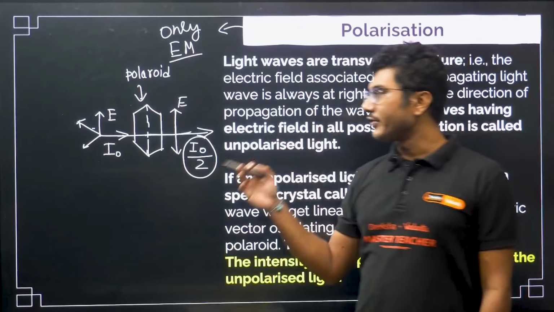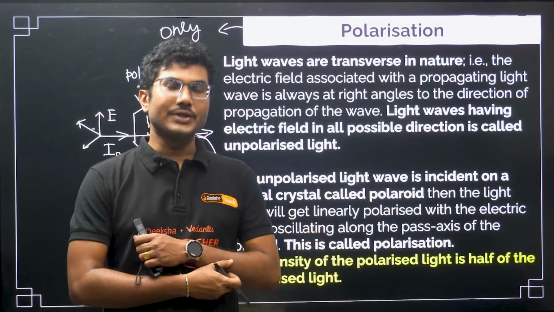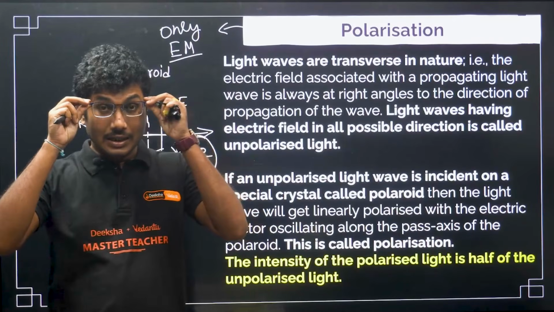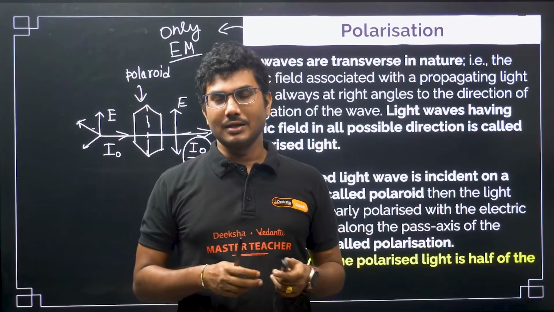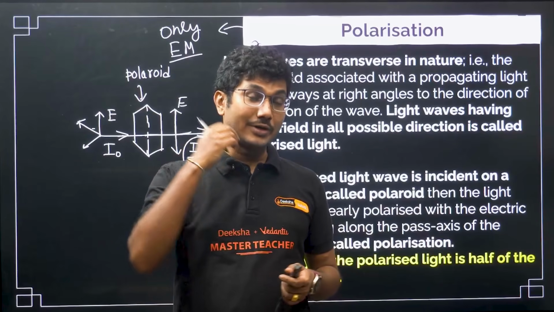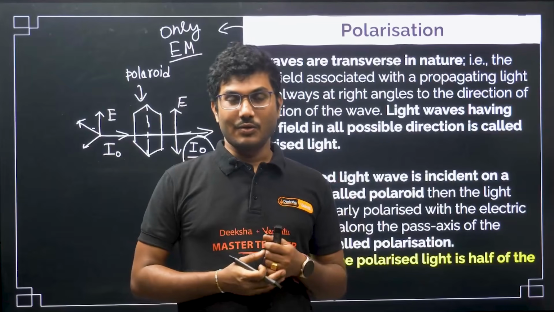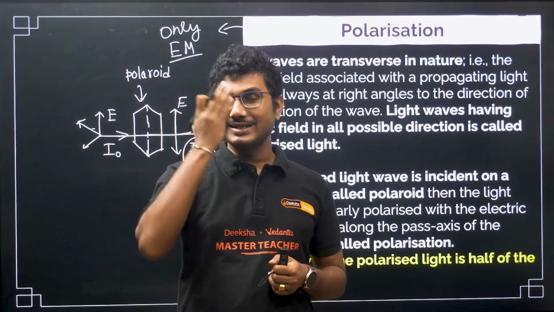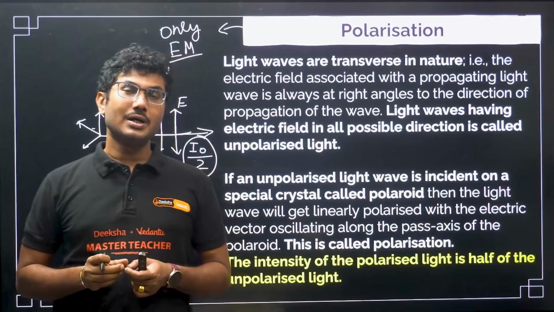Now, this phenomenon has a lot of applications. The primary application is when you wear sunglasses going out in the sun during the day, your eyes feel relaxed. Why? Because a Polaroid coating is given on top of the sunglasses.